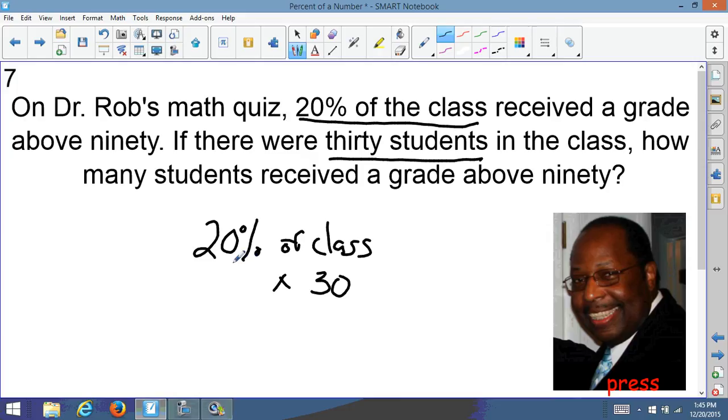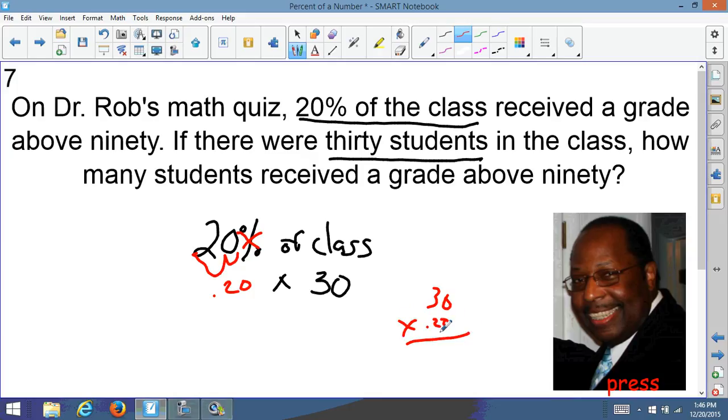Now we're going to take the 20% and we're going to change that to decimal by getting rid of this percent sign, moving this over 2 places, and that'll become 0.20. And so we're multiplying 0.20 times 30.